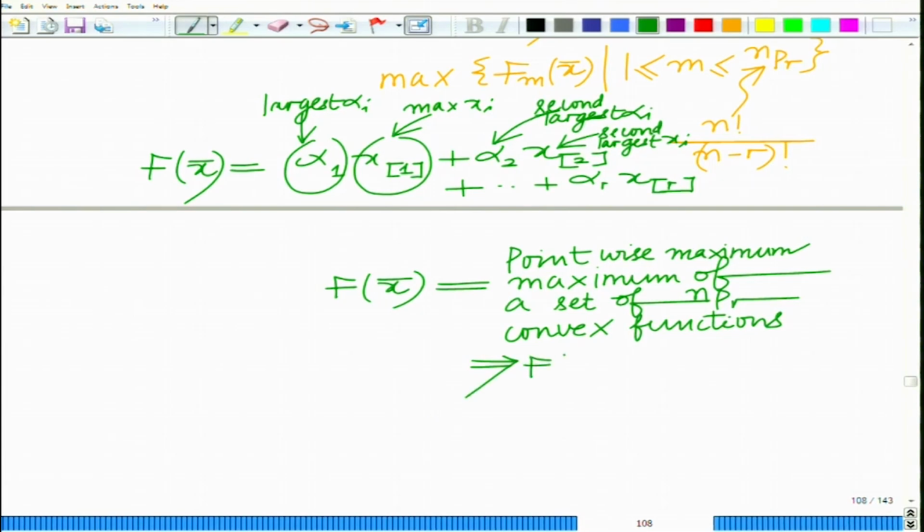This implies that f of x bar is convex. Alright. So basically you are taking nPr, that is n factorial by (n minus r) factorial convex functions or hyperplanes, and you are taking the pointwise maximum of these nPr hyperplanes, and therefore, the resulting function is also indeed convex, and that basically completes the proof for this interesting problem.